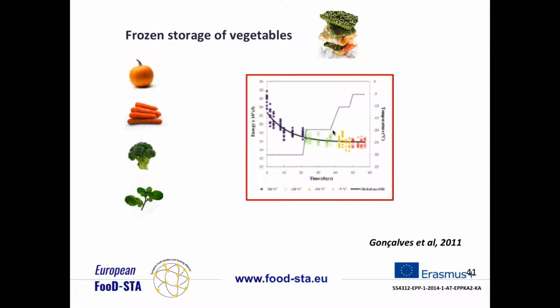We also used here the prediction of quality along storage and distribution of frozen vegetables. So on the right you have the temperature that is rising.